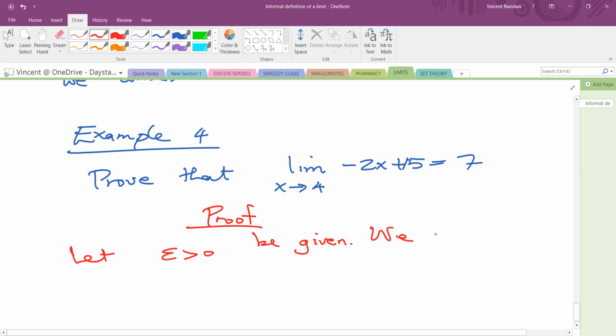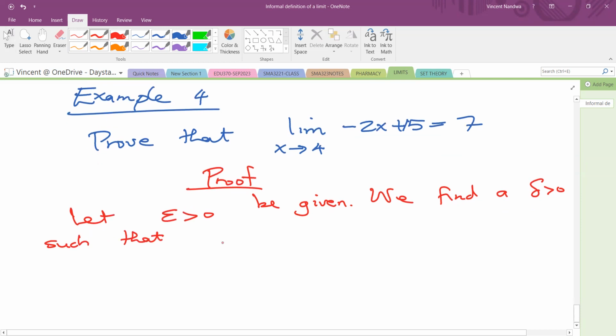So we find a delta, which is also positive, such that the absolute value of f of x minus L is less than epsilon whenever the absolute value of x minus a is less than delta. That's by definition.